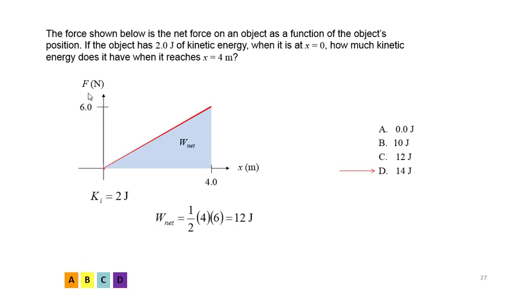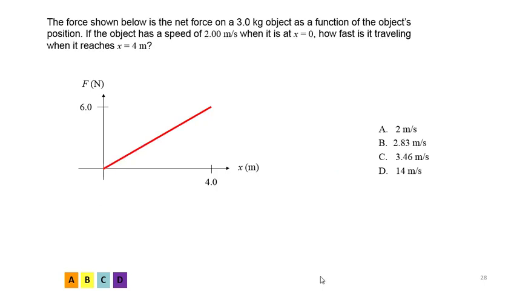So this force that gets bigger and bigger as the object moves does 12 joules of work. The object started with 2 joules of kinetic energy, then an external force does 12 joules of work on it. My total work is equal to my change in kinetic energy, so my final kinetic energy is 14 joules.